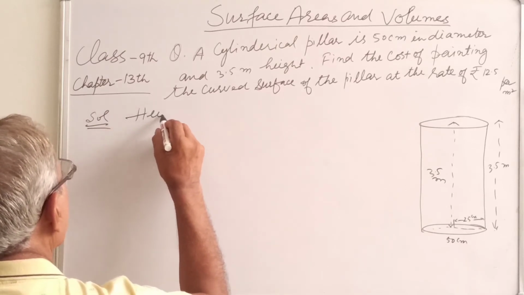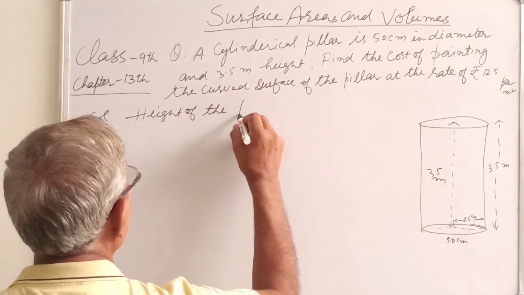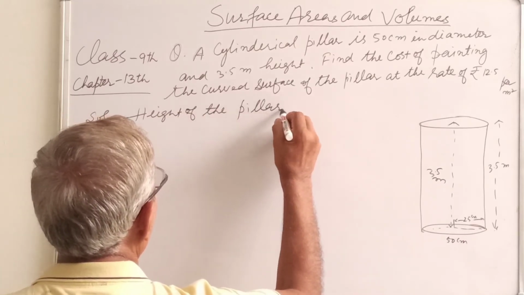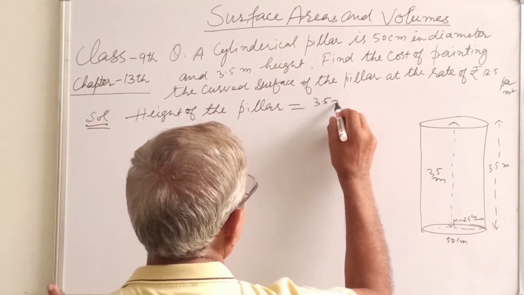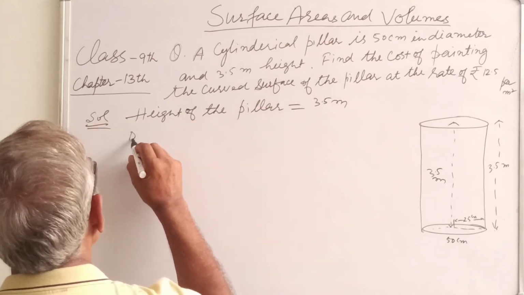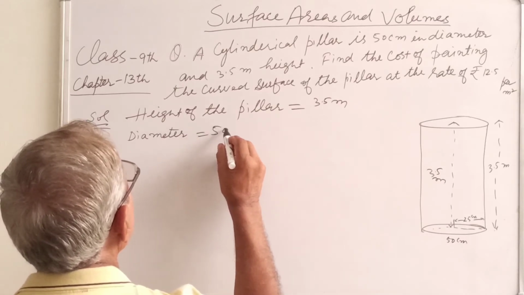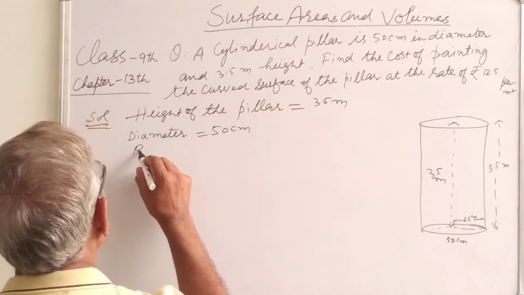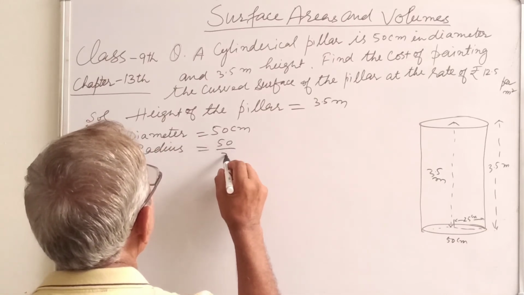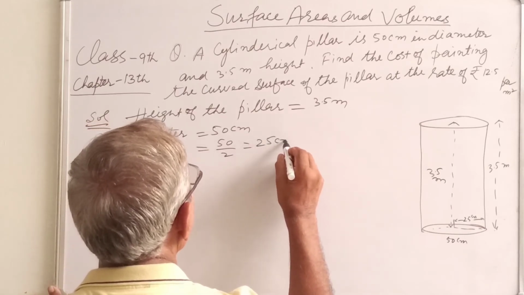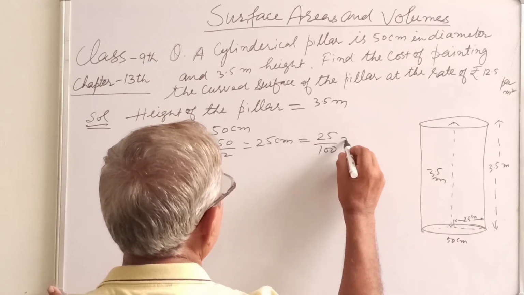Height of the pillar, which is in the form of a cylinder, is 3.5 meter. Diameter 50 centimeter. The radius will be 50 divided by 2, that is 25 centimeters, and that will be 25 upon 100 meters.